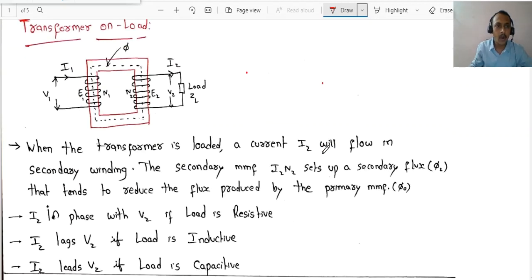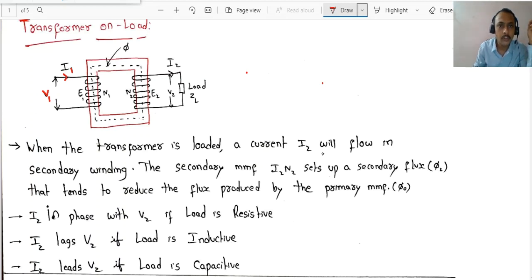Coming to its terminology, V1 is the primary side applied voltage, and I1 is the current drawn by the transformer primary side. E1 is the induced EMF in the primary side, N1 is the number of turns on the primary side, N2 is the number of turns on the secondary side, and E2 is the induced EMF on the secondary side.